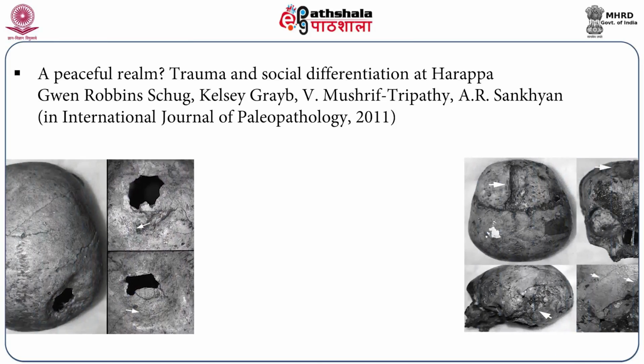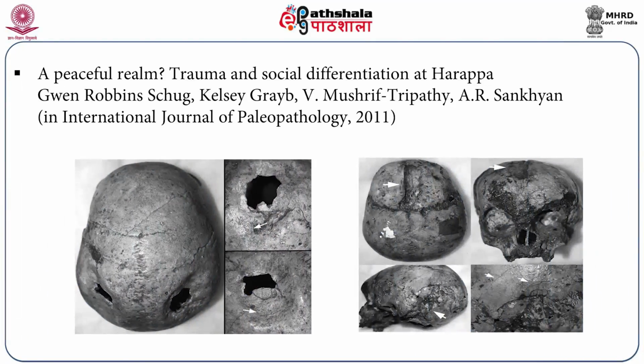Human skeletal materials from the Harappan sites give different insight. Earlier, there were interpretations that the Harappans were a very peaceful people, but a recent study by Gwen Robbins and other scholars has indicated there are cases where evidence for interpersonal violence has been found in the Harappan skeletons.